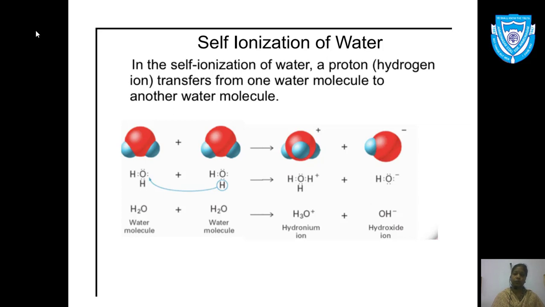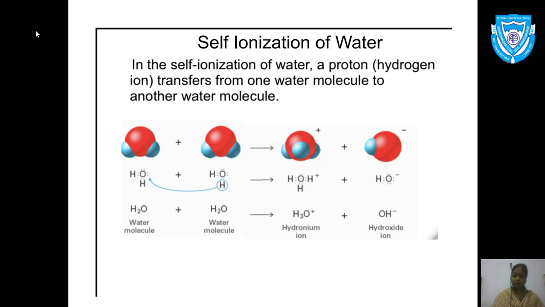So instead of ionization of one water molecule, we are writing the ionization of two water molecules to give the H3O plus hydronium ion, which actually exists, and the OH minus ion. So the reaction here is two water molecules giving H3O plus ion and OH minus ion.